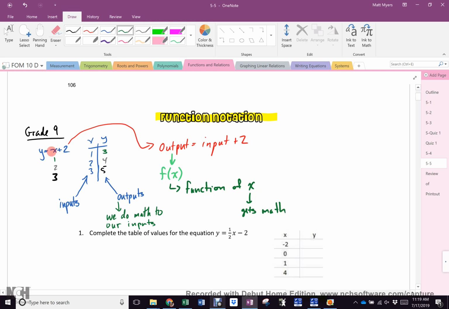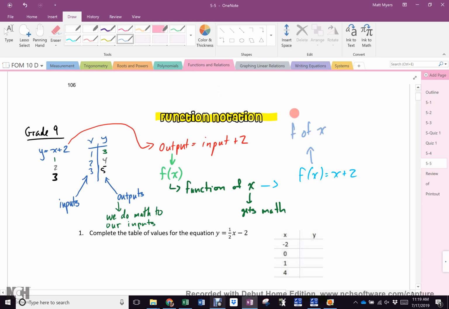So instead of writing y equals x plus 2, we have evolved to writing f of x equals x plus 2. And we read this as f of x. Function, math, that is happening to x.